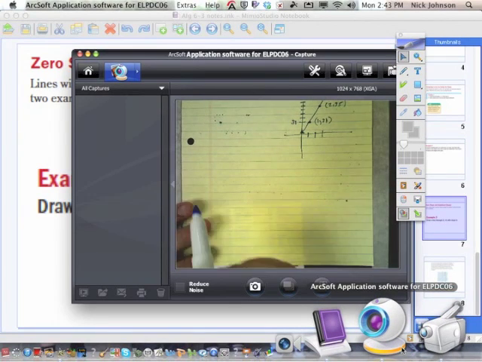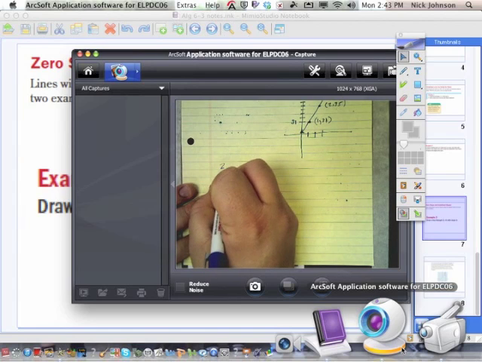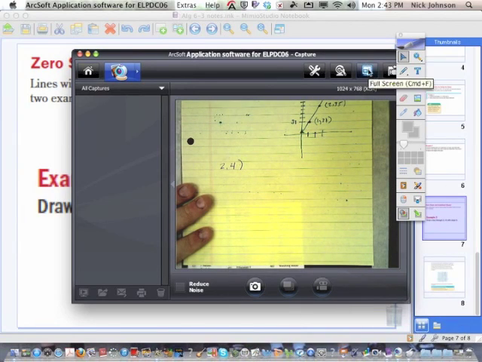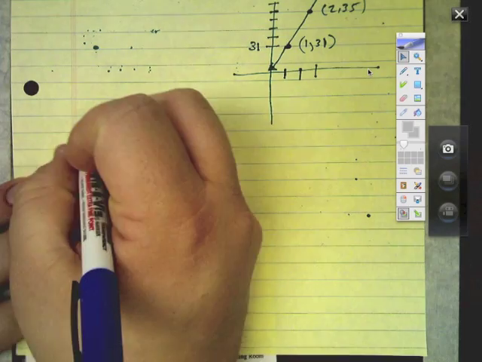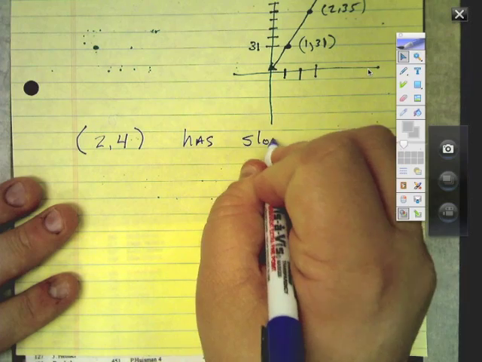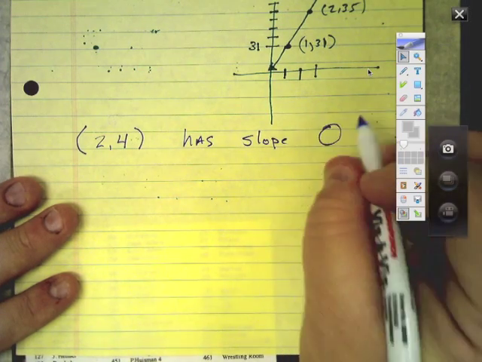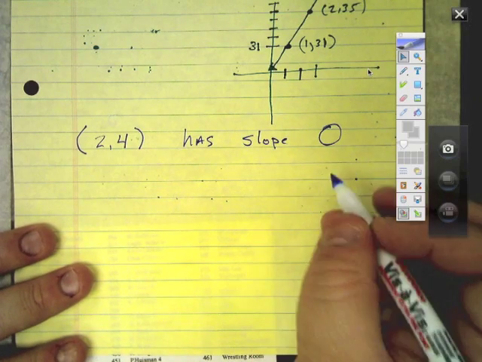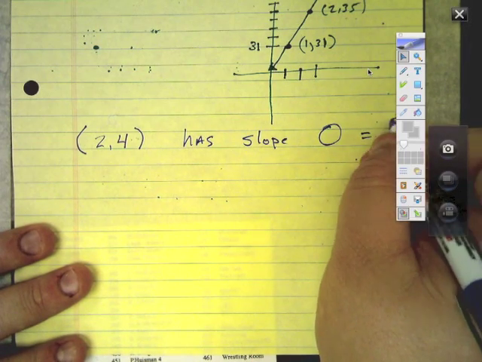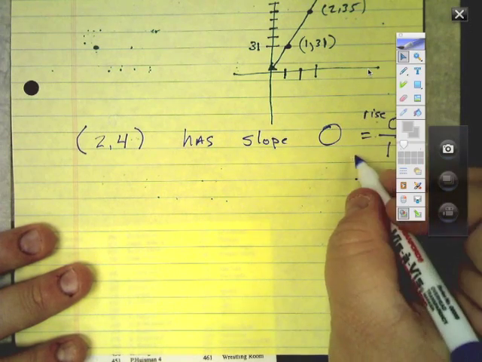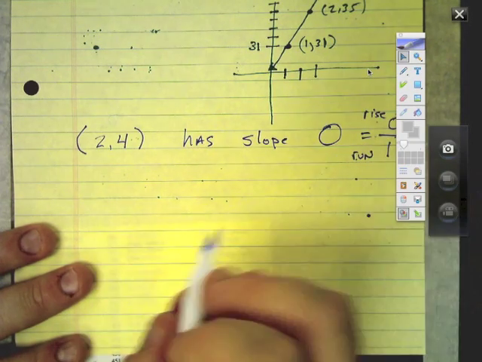So they want us to draw a line that goes through 2 comma 4 and has slope 0. Well, if you can think of slope 0 being equal to 0 over 1, so our rise is 0, our run is 1.